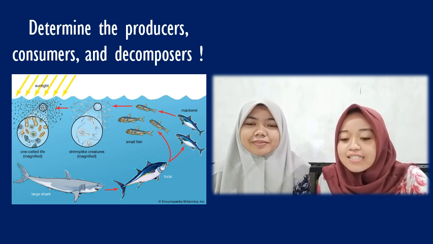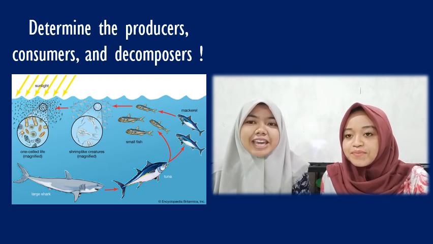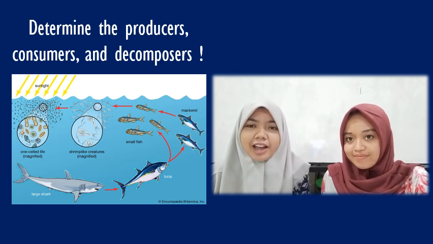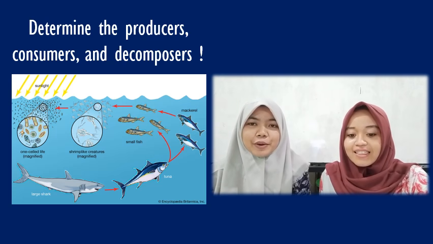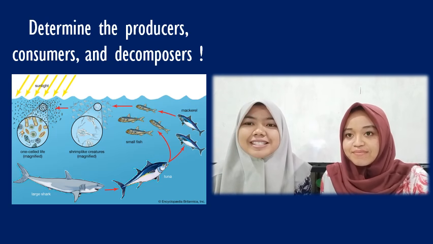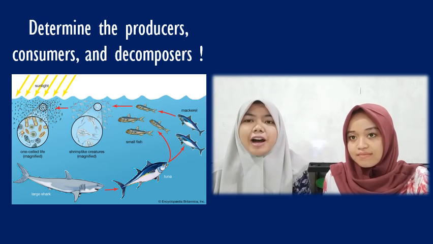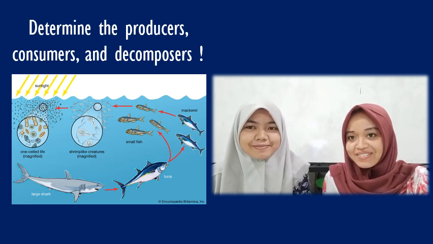Next, the last, which one? The decomposers. The decomposers are bacteria or fungi in the ocean. When the large shark dies, the large shark is decomposed by bacteria and fungi in the ocean.